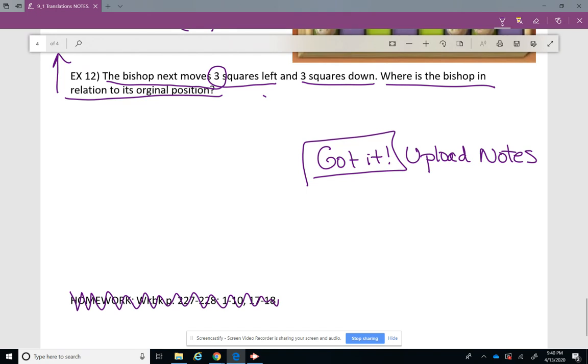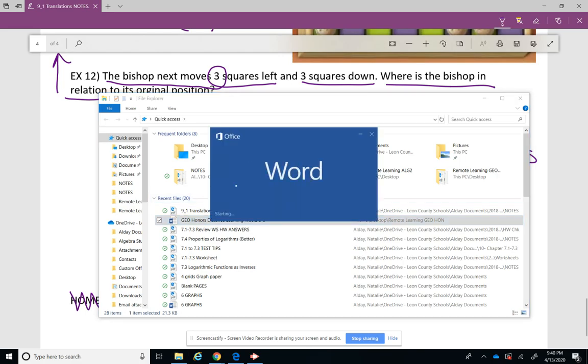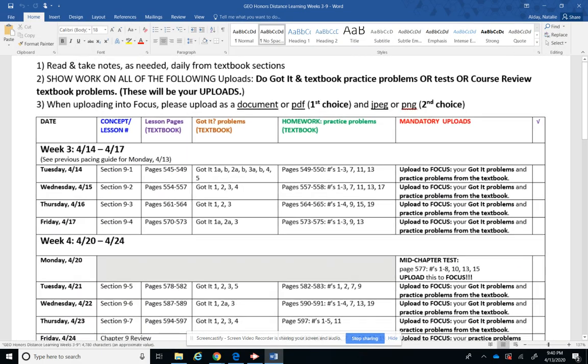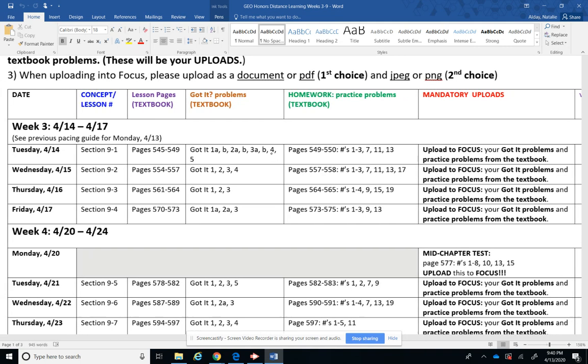All right. And then you're going to go do all the practice problems from the textbook. So I'm going to pull that up here. Geometry Honors. Pull that up here, and you can see here for Tuesday, April the 14th, we did these got it problems right here, okay?